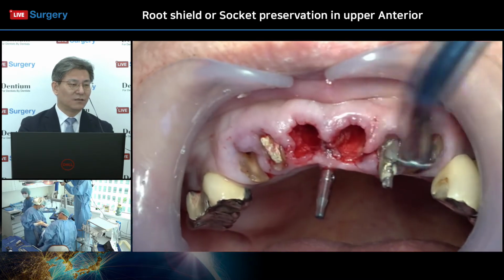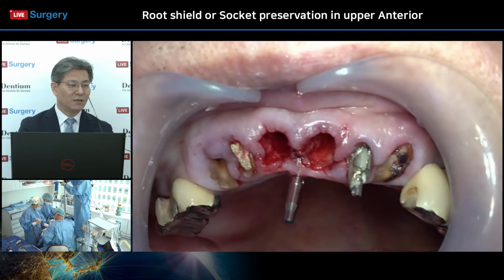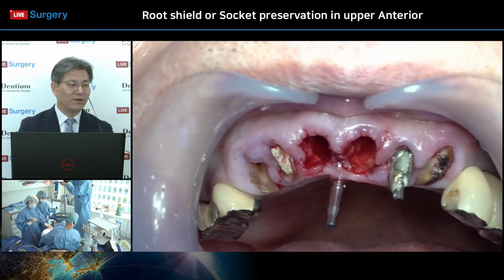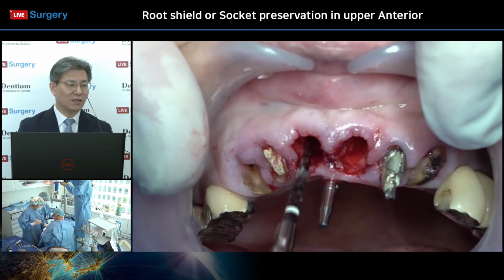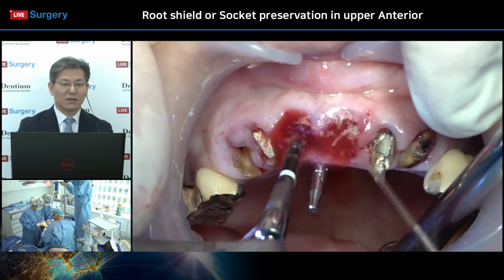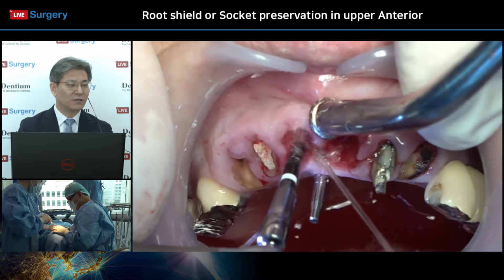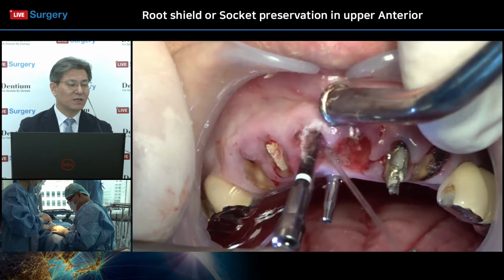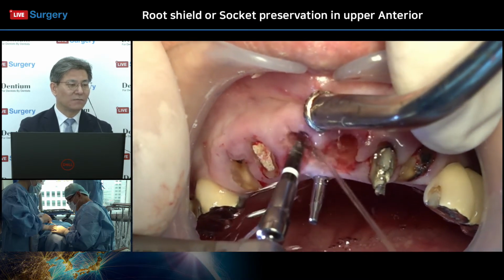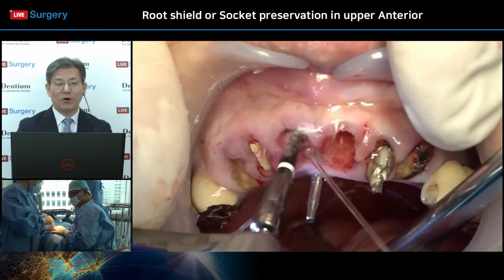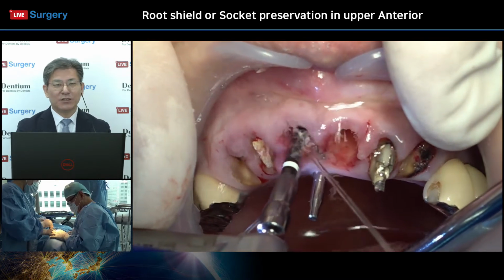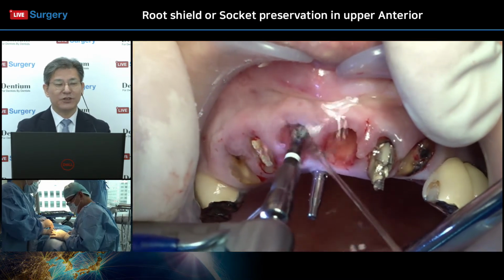Okay, so finally, he found the incisive canal and put the parallel pin into the canal, and started with the Lindemann guided drill at 1000 RPM with saline. The entry point is important when you have immediate implantation, especially in the upper anterior area.